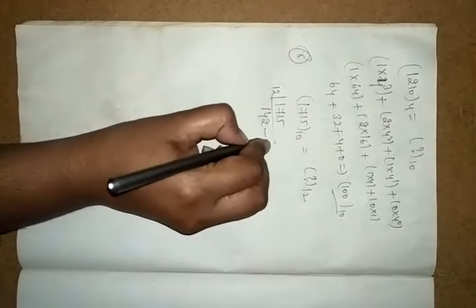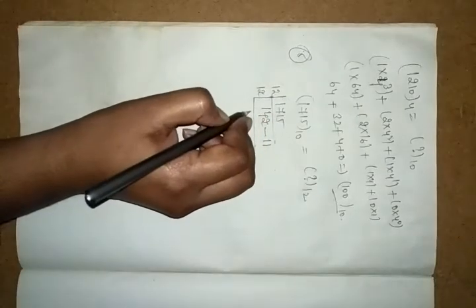So we need to check: 142, and 142 into 12 means 1704, and we have 1715, so we are left with 11. Next, 12 ones are 12, and we are left with the 2.